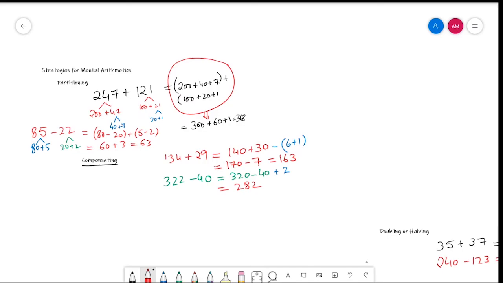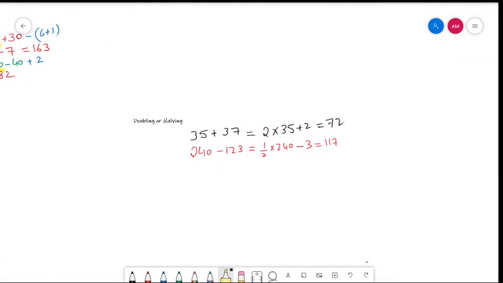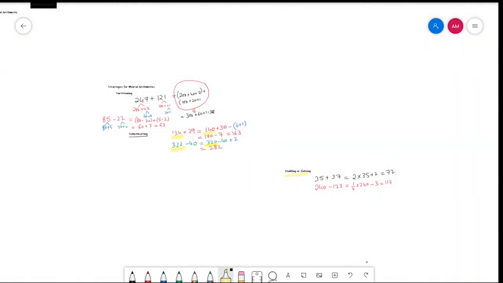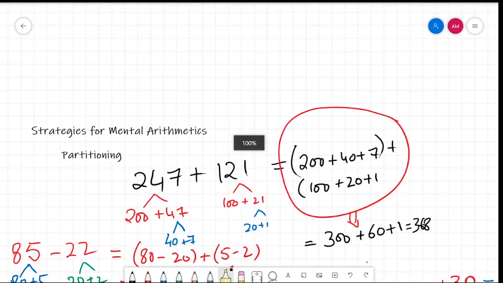In compensating, you adjust the number, for example, changing 134 to 140, or reducing 322 to 320, and then compensating for it afterwards. The third way is doubling or halving, where you see if there is a relation between the two numbers, and maybe by doubling or halving them, you do that. So those are the techniques and strategies for mental arithmetic.